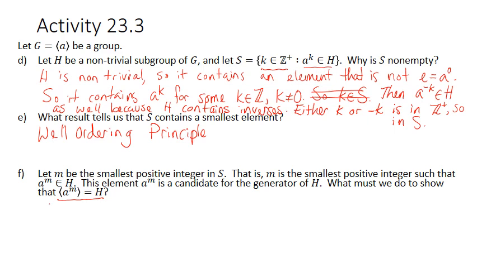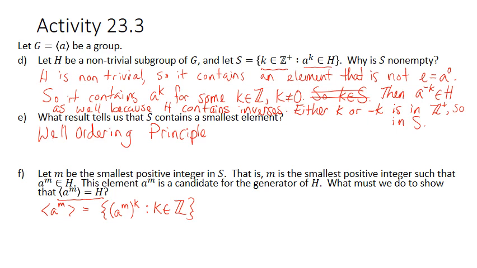So remember the definition of this angle bracket notation. This is all the powers of a to the m, so (a to the m) to the k, such that k is an integer. That's what that notation means.